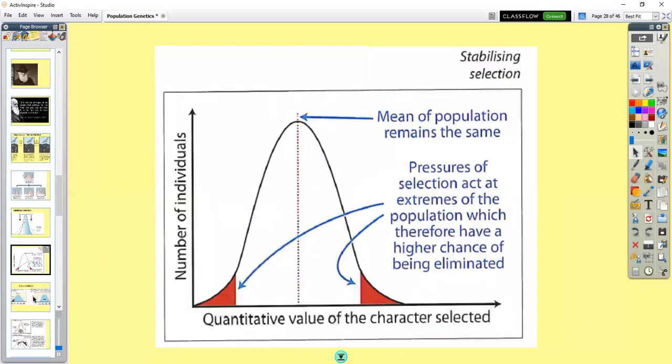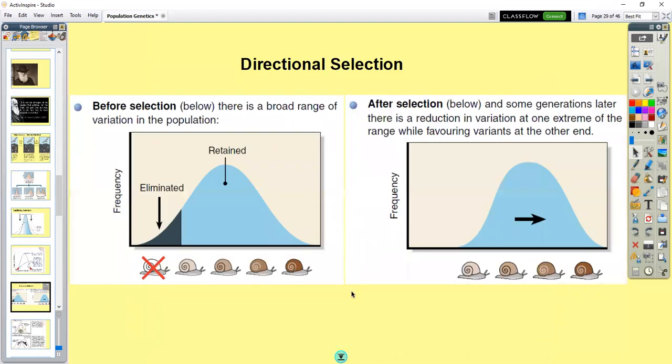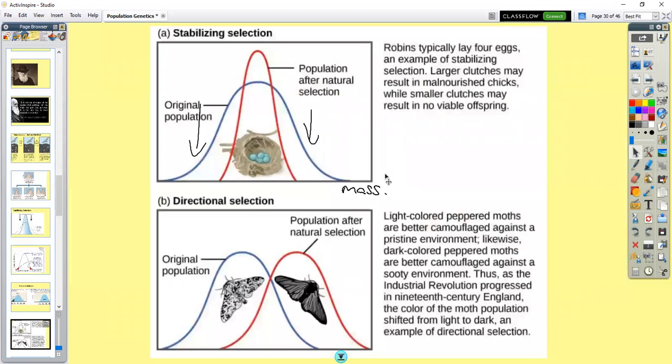Directional selection, where one of the extremes is selected against, so therefore the graph shifts generally to the right, could be to the left as well, depending. So that could be a seasonal change that causes directional selection, or it could be habitat change, for example, that causes that as well. There's a couple of examples.